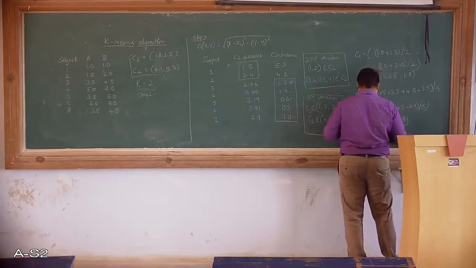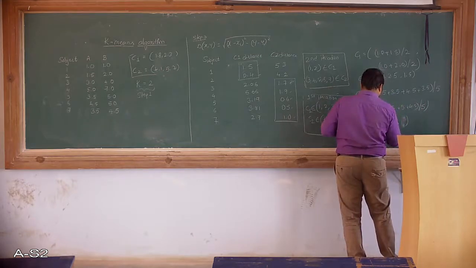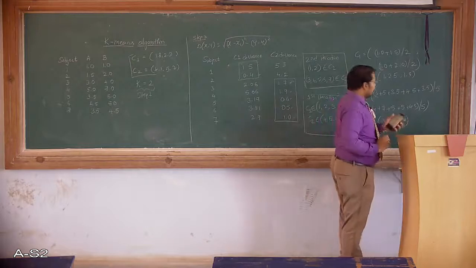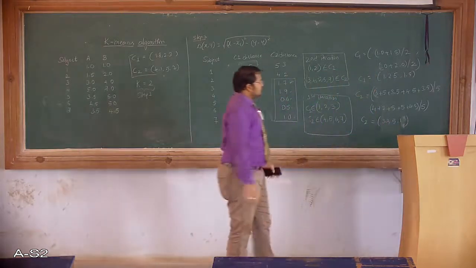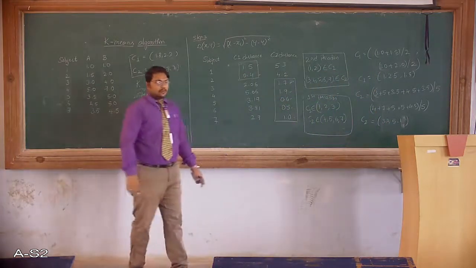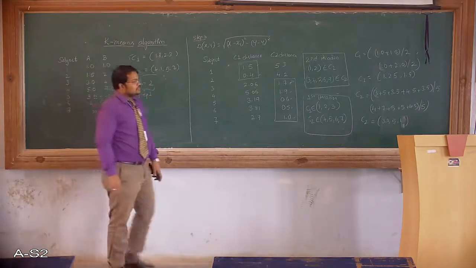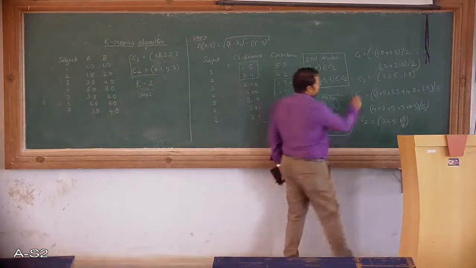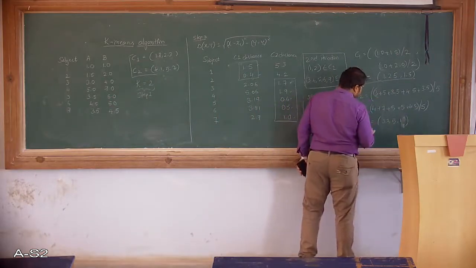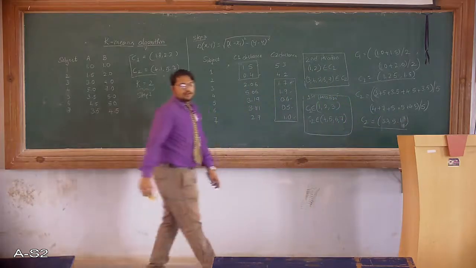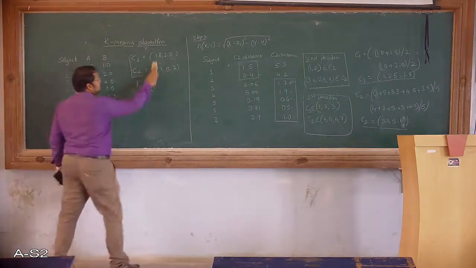So for C2 I am going to get the values 3.7 and 5.1. Now for the next iteration, my new clusters I have found out: 1.25, 1.5 and 3.7, 5.1. Using this, again I am going to repeat the k-means algorithm.